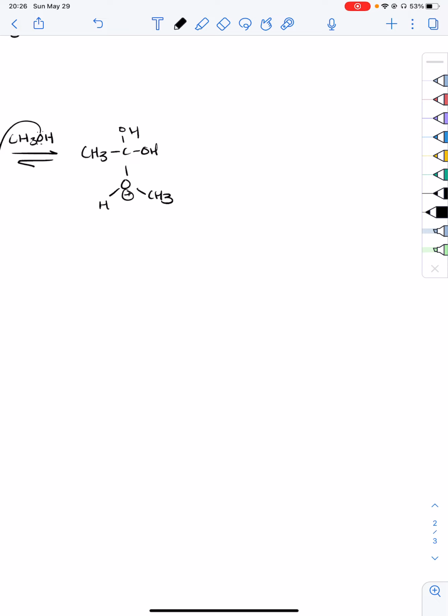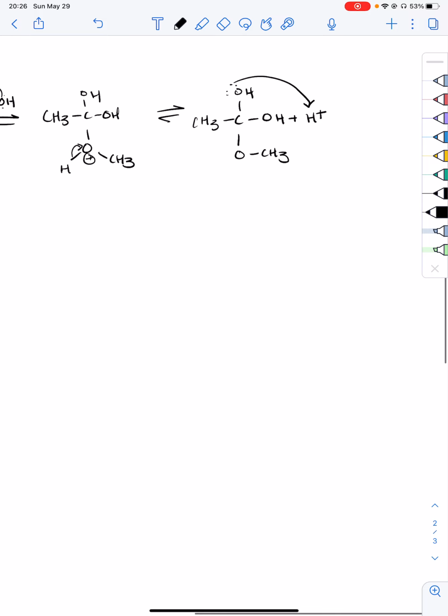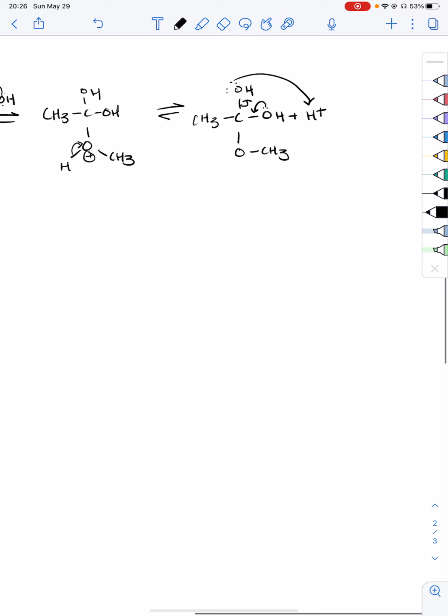So we're going to see that lone pair of electrons on that oxygen. And then a proton is going to get picked up. This is supposed to be H plus. This proton is going to get picked up, and this is going to leave, and that double bond is going to form.